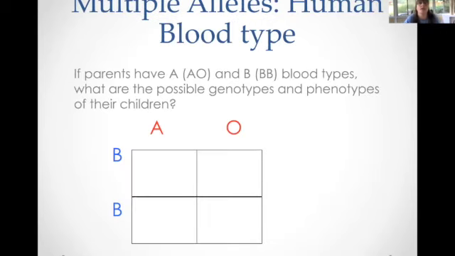So here, if parents have AO and BB blood types, what are the possible genotypes and phenotypes of their children? So we'll just say mom and dad, it's so much easier.